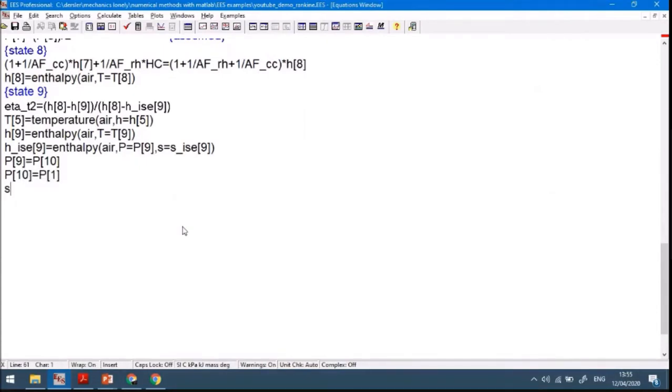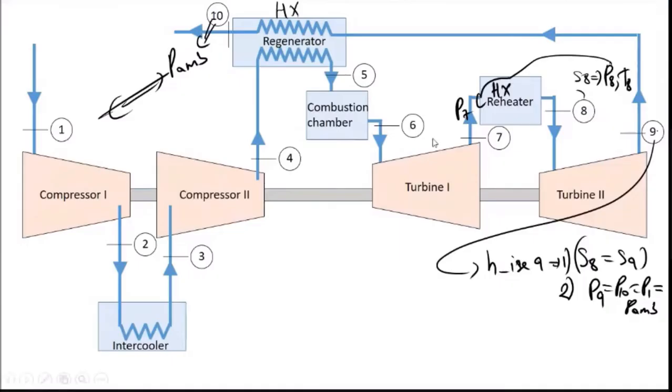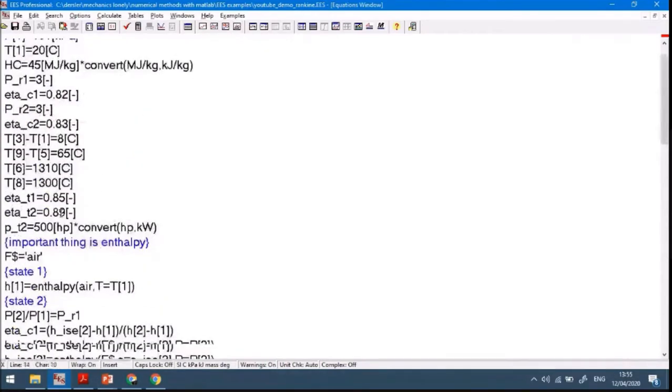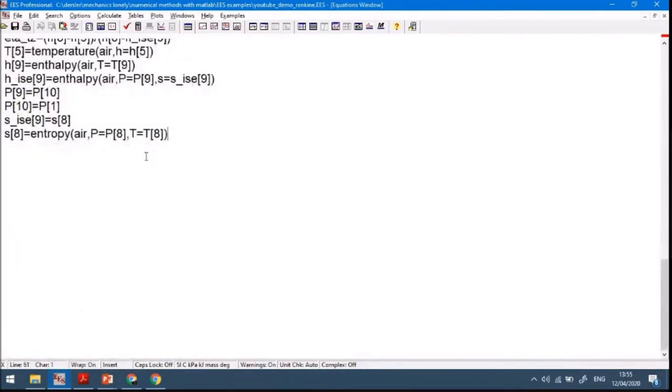So H isentropic 9 uses S8, and I know that S8 can be found by P8 and T8. So the entropy of air, P is P8 and T is T8. Do I know T8? Let's go back to here. Yes, I know T8, and I only need P8.